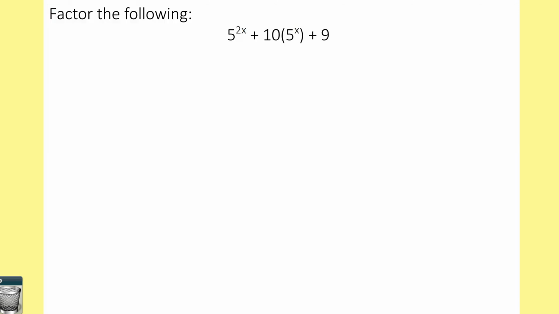Of course, I have one extra problem that they didn't talk about in the book, but they do have as a question for homework. So here, going back to our old rules, all right, so we want to factor this. So think about another way of writing 5 to the 2x. Well, isn't that just 5 to the x squared?